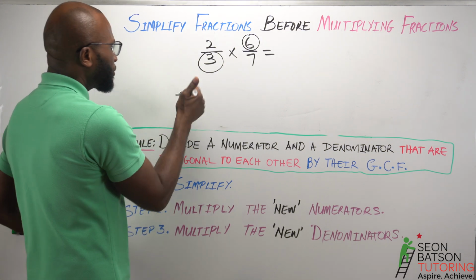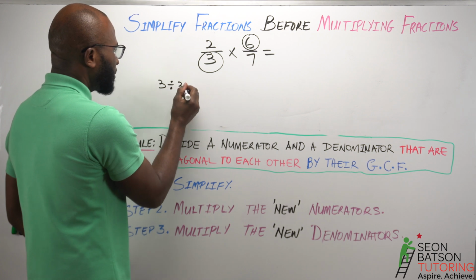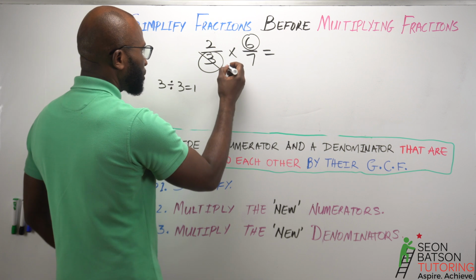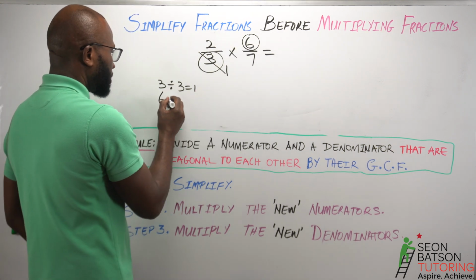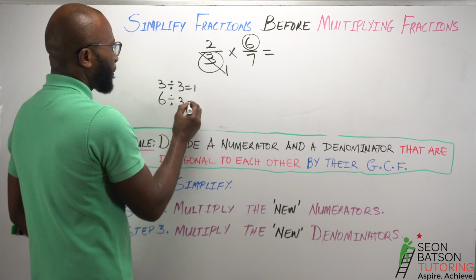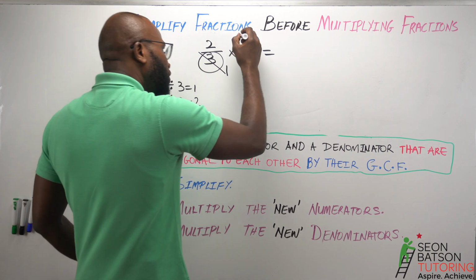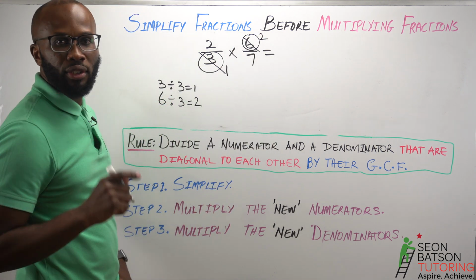So we will divide 3 by 3. 3 divided by 3 is 1, so we will shrink this 3 down to a 1. And we will divide the numerator 6 by 3. 6 divided by 3 is 2, so we will shrink our 6 to a 2. So far, so good? Super.